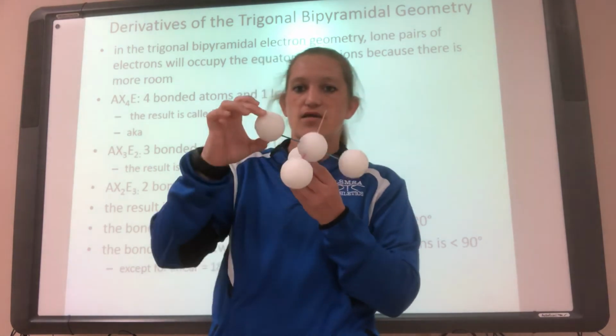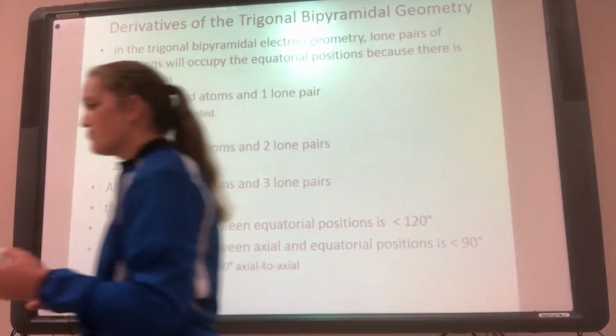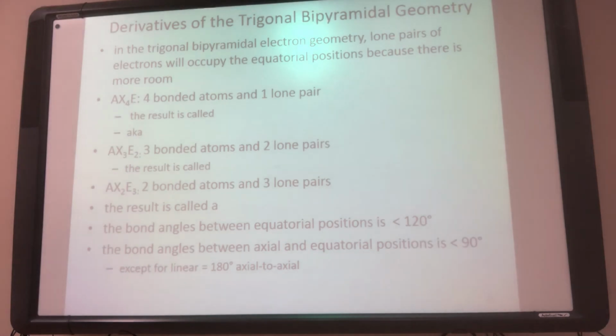It is a seesaw, okay? The shape still has 5 things, because remember our parent group is AX5, but it's 4 bonds and one lone pair. This is called seesaw.